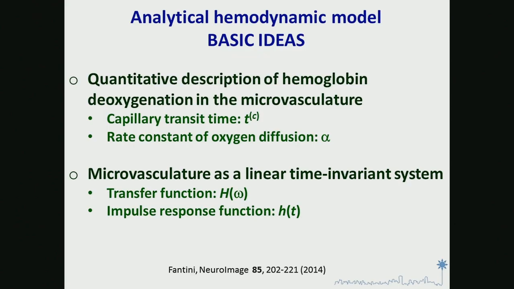The second idea is to consider the microvasculature as a linear time invariant system, something that in some cases is reasonable and justifiable, in other cases may not be, but this is the step that is required to translate the step change response into an arbitrary response: to oscillations at any frequency through the transfer function, or to transients associated with any perturbation through the impulse response function.